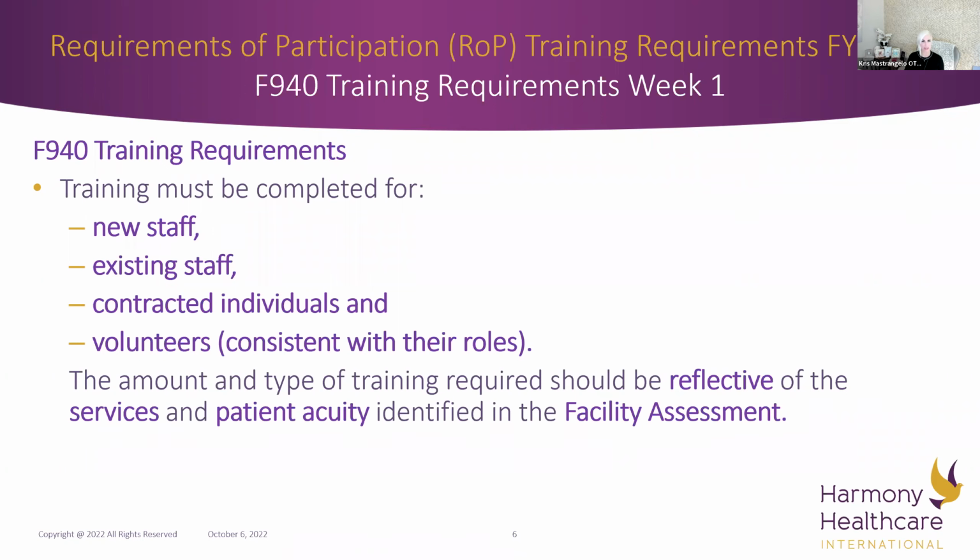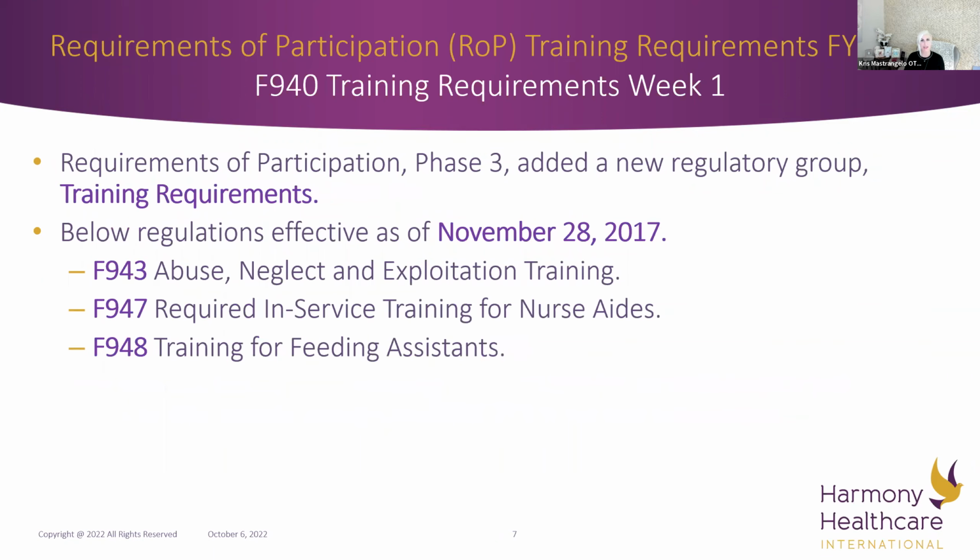So everything goes back to this facility assessment. And I am going to bring in the first sort of phase 3, 2017, because I think it's appropriate to talk about areas that you may honestly have not even gotten to.